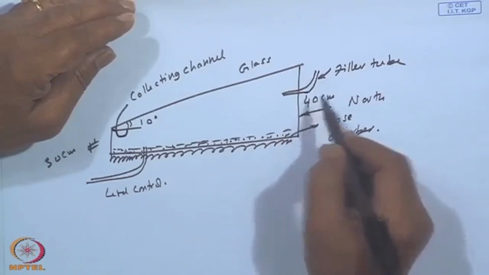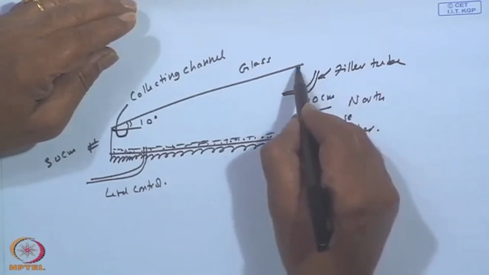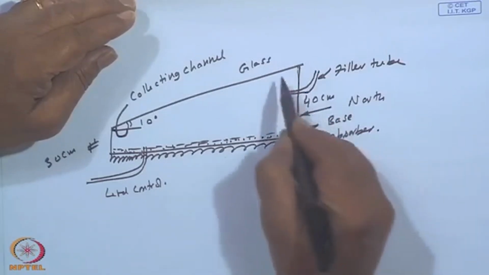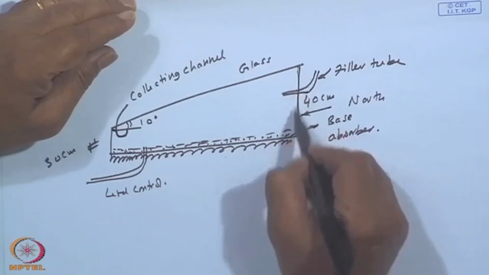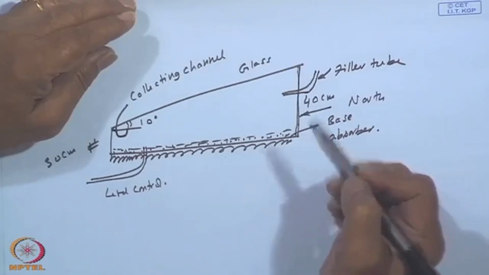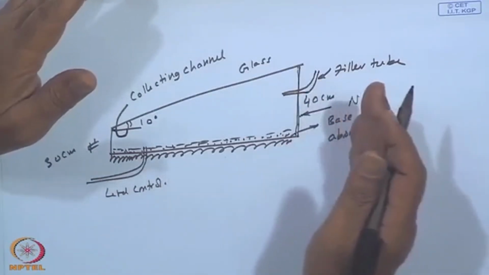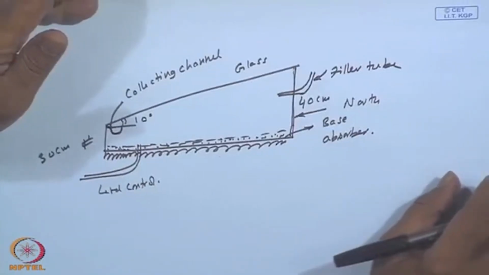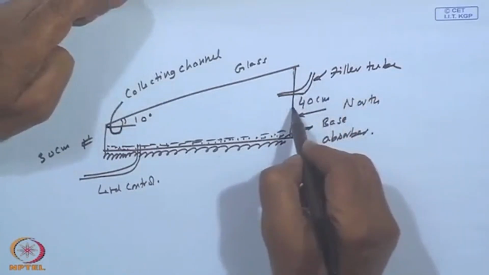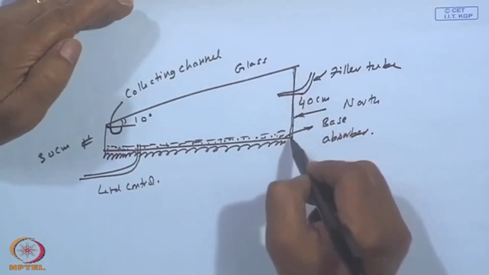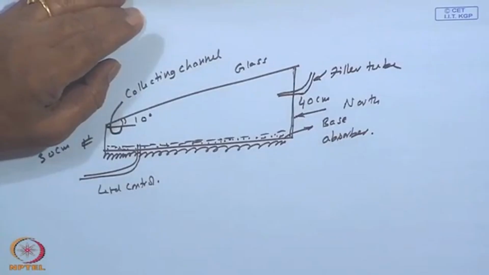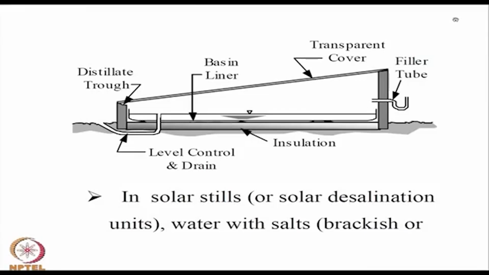Others will say that will also cause a loss. Instead of that, make it black and non-transparent, and that will absorb, and the absorbed radiation will in general heat the surface and heat the water. Whatever the argument, there was probably no discernible difference in performance whether you put a transparent glass on the northern side or a black painted opaque surface.